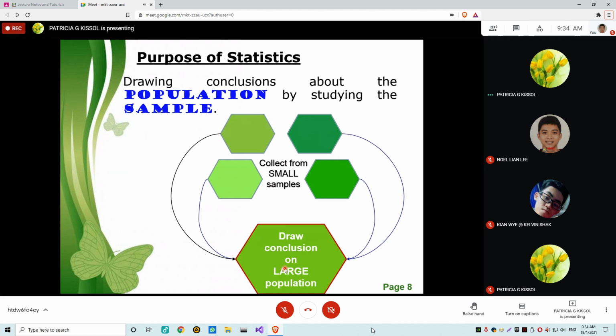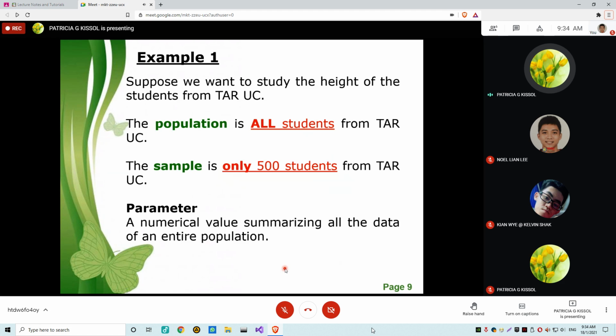Right, so this is example one. If you look at the notes that I've shared with you, it's all there, so it's just a matter of discussion.